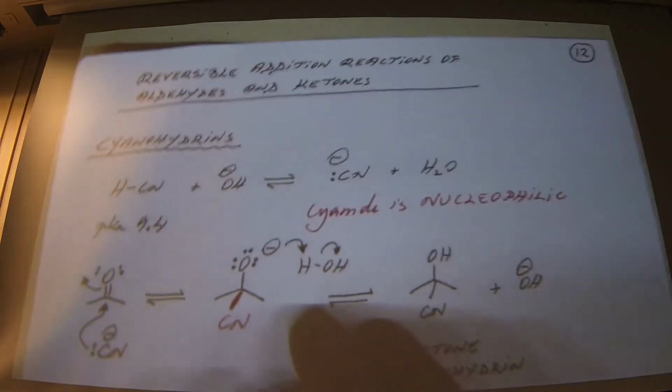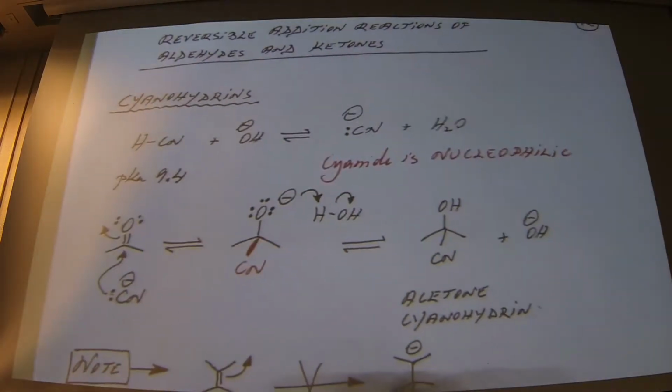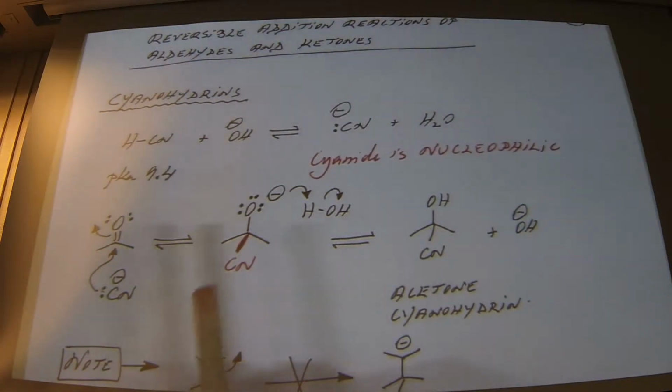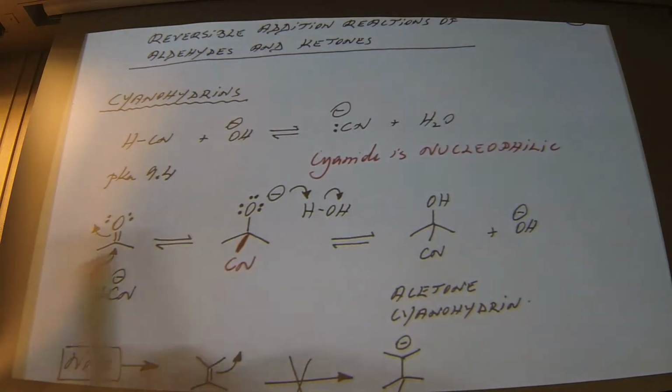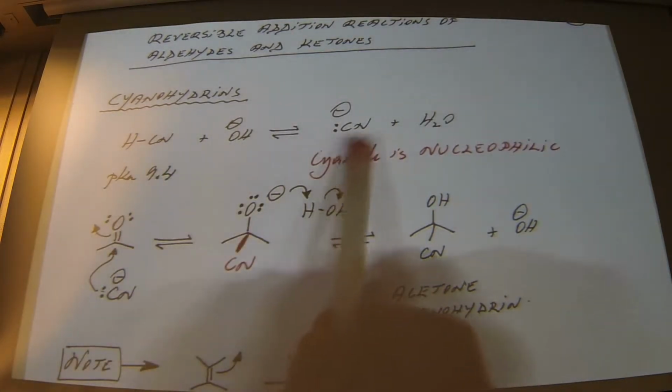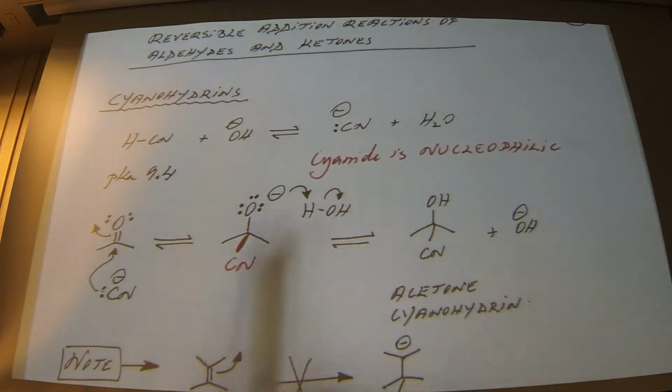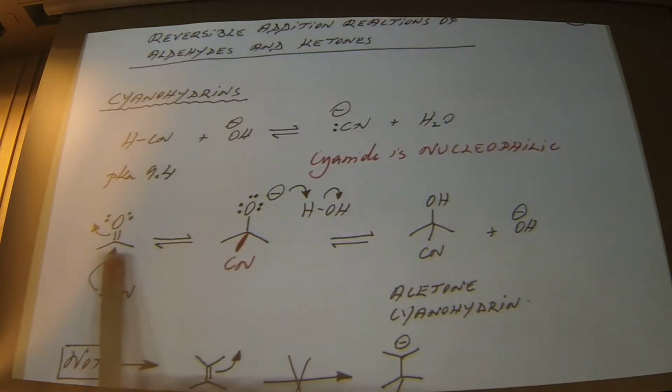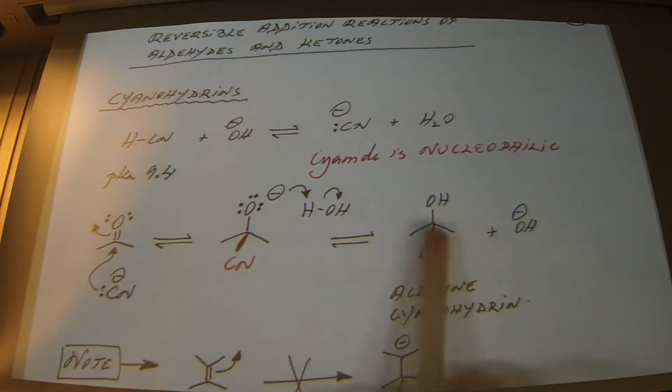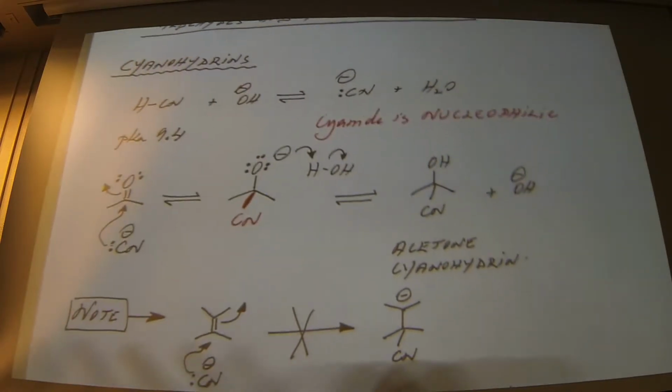First of all, let's start with cyanohydrin formation. This, as it turns out, is an important reaction, even though it seems a bit weird. You start out with hydrogen cyanide and base, and cyanide is a good nucleophile, and so it can add to things like ketones and aldehydes and form these stable cyanohydrins.